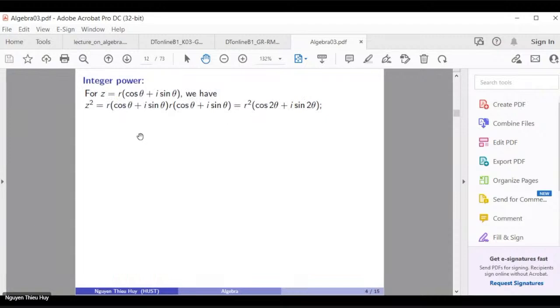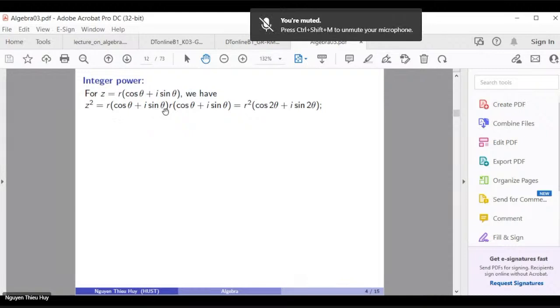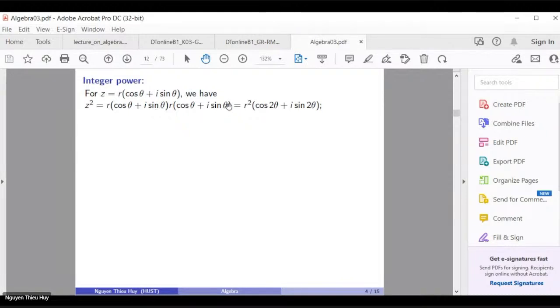So this is what I am doing here. For z equals r(cos theta plus I sine theta), when I take the square it means that I multiply this double. So r(cos theta plus I sine theta) multiplied with itself, then you obtain r multiplied by r, r square, and theta plus theta is 2 theta, right?